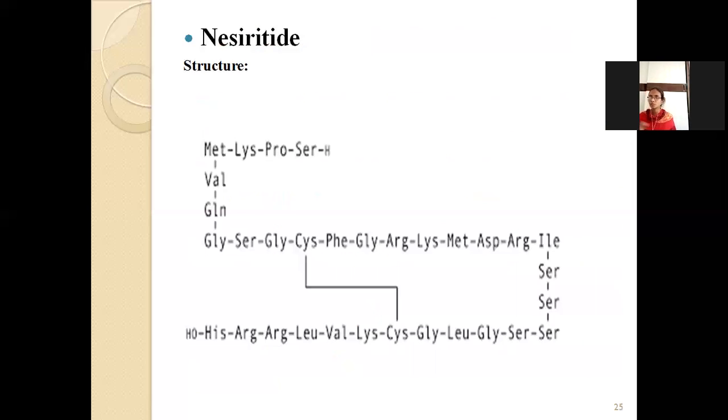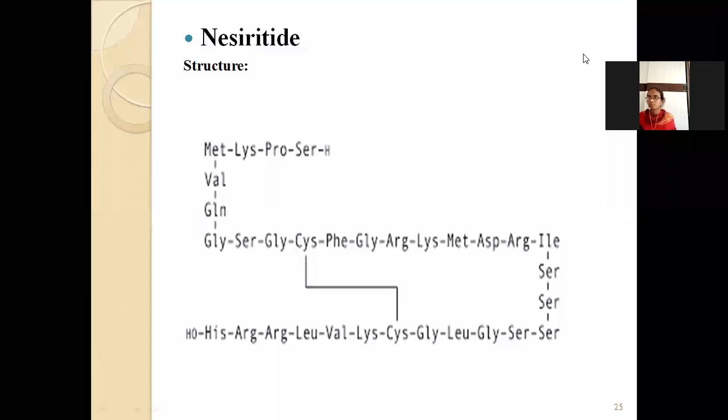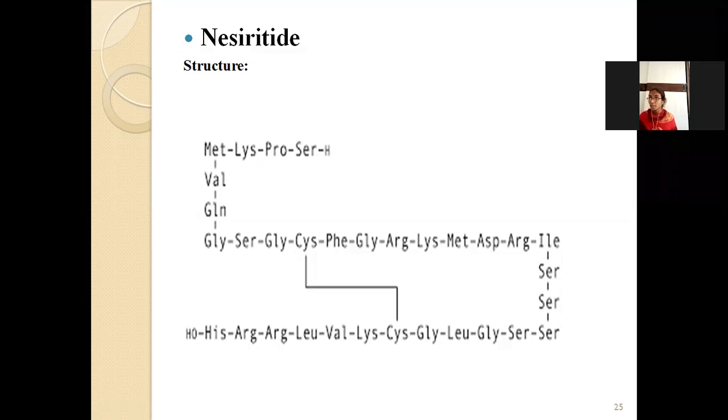So in this, the first drug is Nesiritide. This is the structure of Nesiritide. Its structure is a combination of the different enzymes present in our body and amino acids.